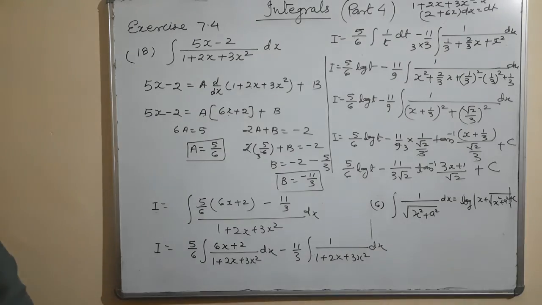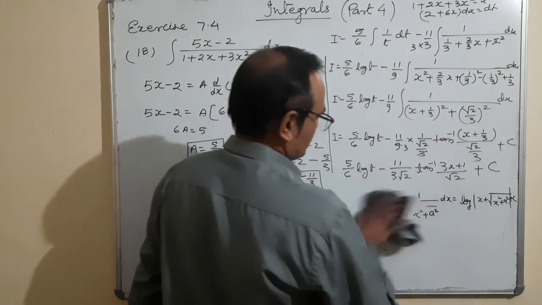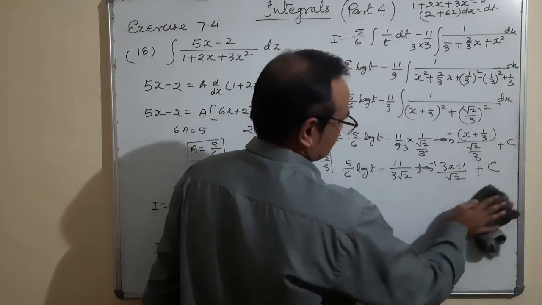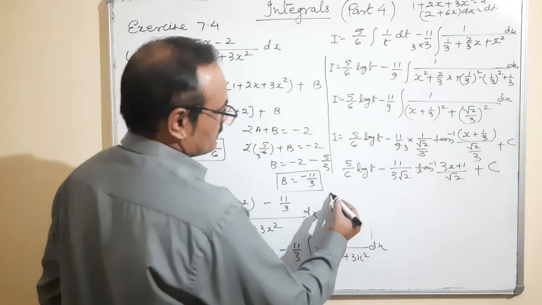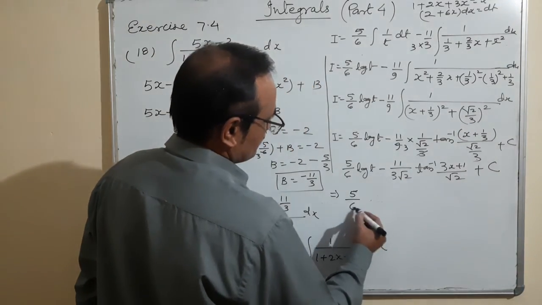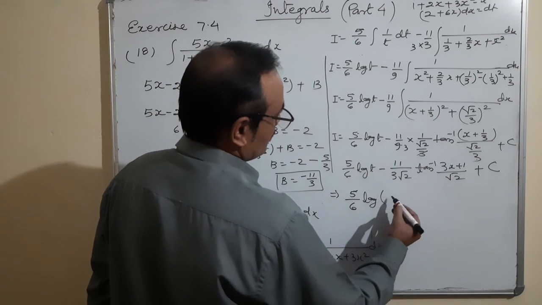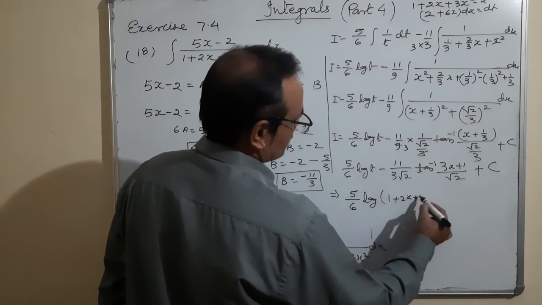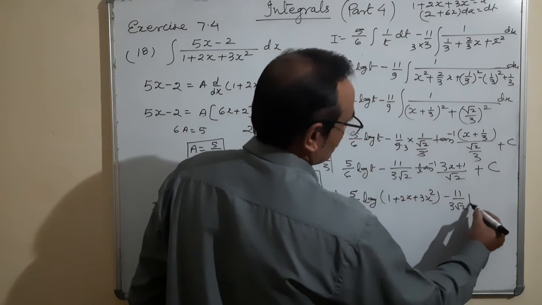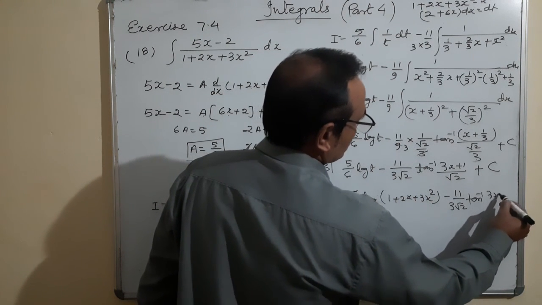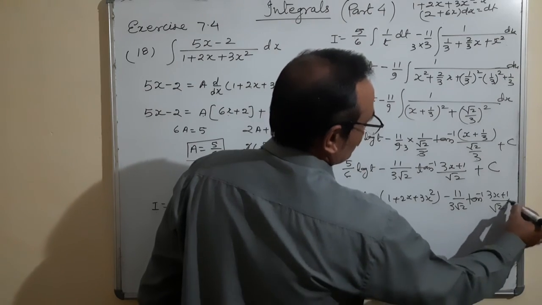So that is the solution of this question. Finally it is 5 upon 6 log 1 plus 2x plus 3x square minus 11 upon 3 root 2 tan inverse 3x plus 1 upon root 2 plus c.